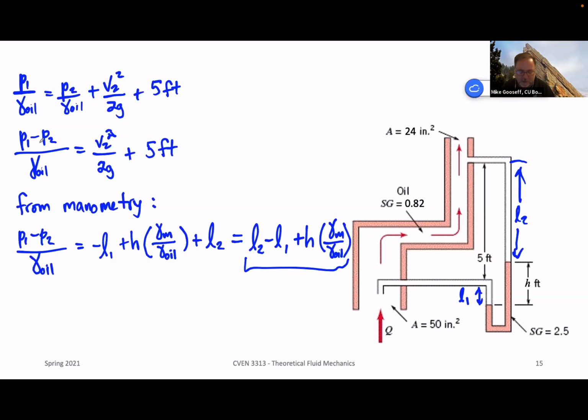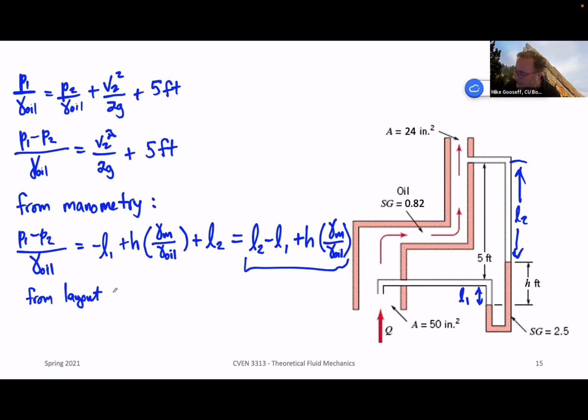Okay, L1 plus 5 feet is equal to L2 plus H. Yeah, sorry. Okay, the other thing to note is that this 5 feet plus L1 is equal to this total length on the right-hand side, H plus L2. That's what it is.